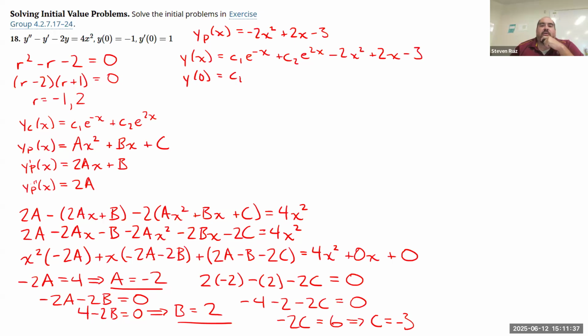And I get c1 plus c2 minus 2 times 0 plus 2 times 0 minus 3 equals negative 1, which means that c1 plus c2 equals 2. All right, let's get a derivative now. y prime of x equals negative c1 e to the negative x plus 2c2 e to the 2x minus 4x plus 2.